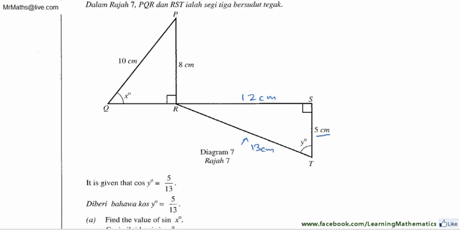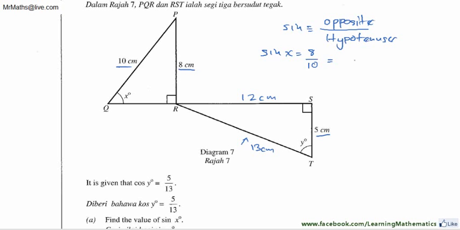So sin x, the definition of sine, is opposite over hypotenuse. So this is x. So sin x then is opposite is 8, hypotenuse is 10. 8 over 10.